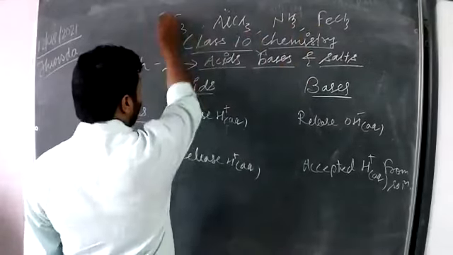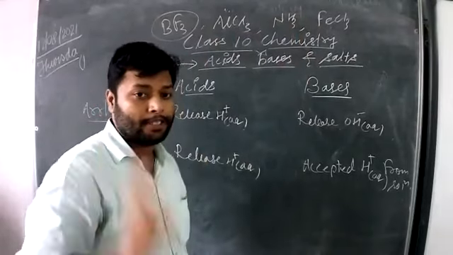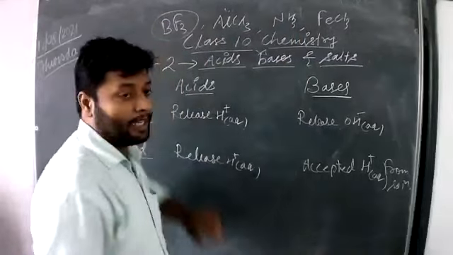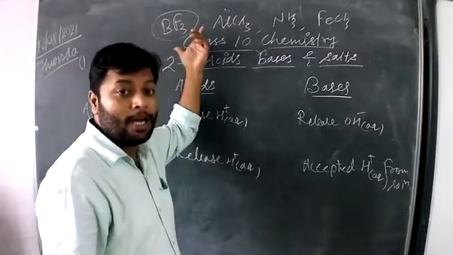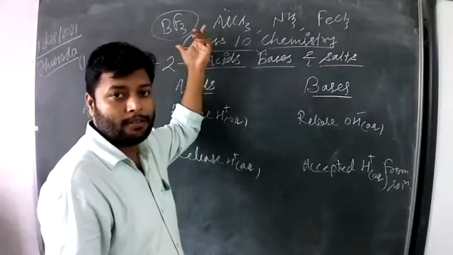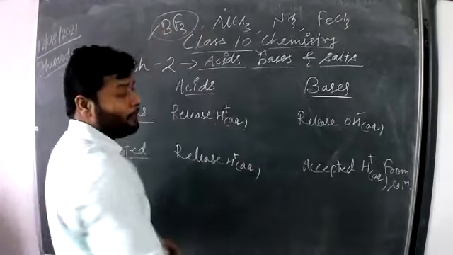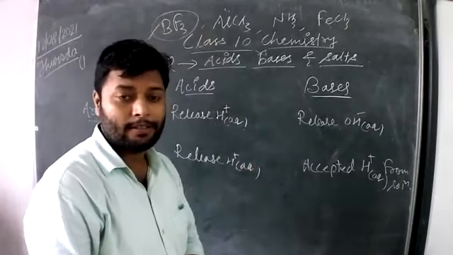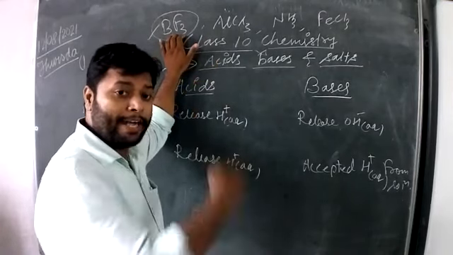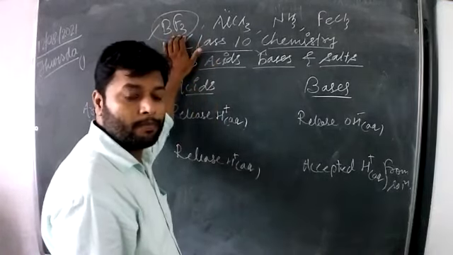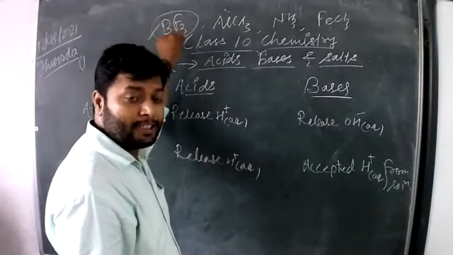So suppose we have BF3, called boron trifluoride. If the compound doesn't have hydrogen and oxygen, how can it release H plus or OH minus? So how can we classify whether BF3 is an acid or a base? It has no tendency to release H plus, since no hydrogen is present, and no OH minus, since oxygen is not there.